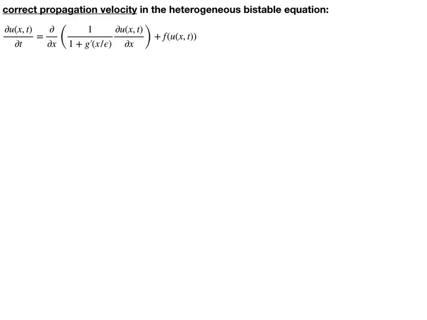So let's go back to our original inhomogeneous bistable equation. Again, our diffusion coefficient is going to involve 1 over 1 plus this periodic inhomogeneity. What are our initial conditions? In this case, it turns out they don't really matter that much, because for any initial conditions, eventually, if this traveling wave-like solution is attracting, then the dynamics will approach that.